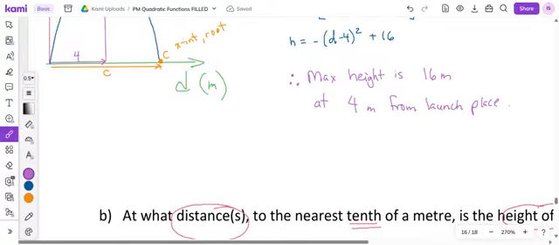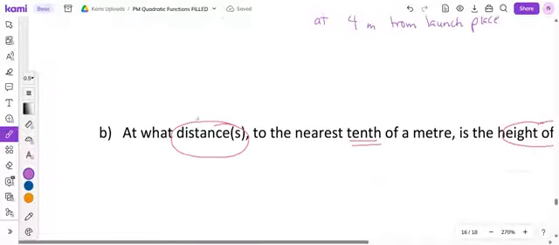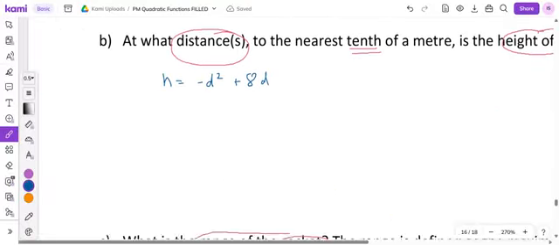Great. Moving on to the next question. B, I'm looking at what 2 points does the rocket reach 10 meters of height? So if my original equation is h equals -d squared plus 8d, am I right? Yeah.